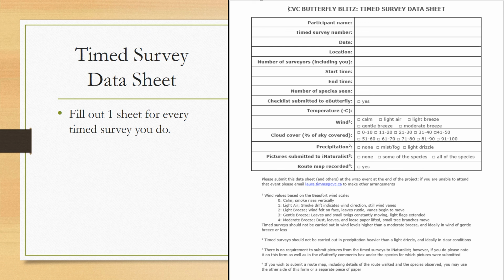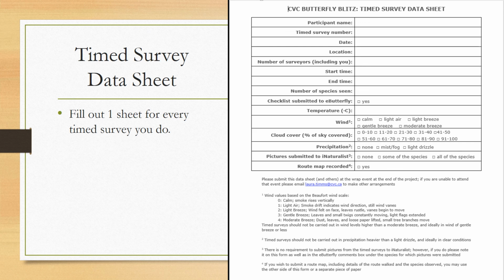If you could choose whether your pictures were submitted to iNaturalist, that would be wonderful. And also you could record a map of your route during your time survey. You could just scribble that on the back of the time survey data sheet, or include it in some other way. You certainly don't have to attach a route map to the data sheet, but if you choose to, it can be helpful in giving us a sense of exactly where you were.